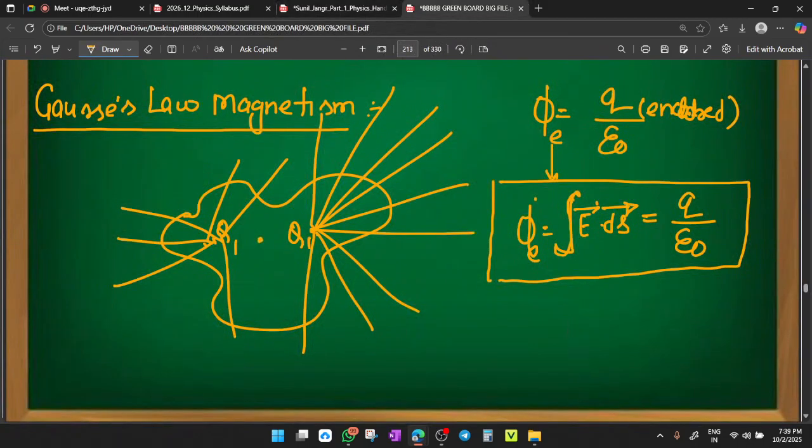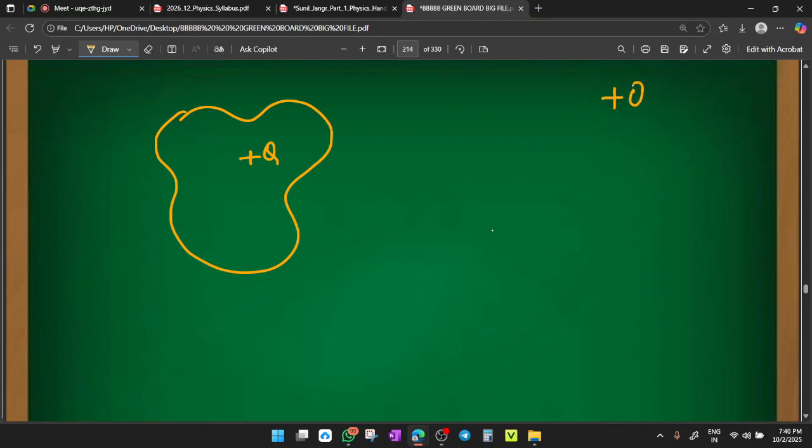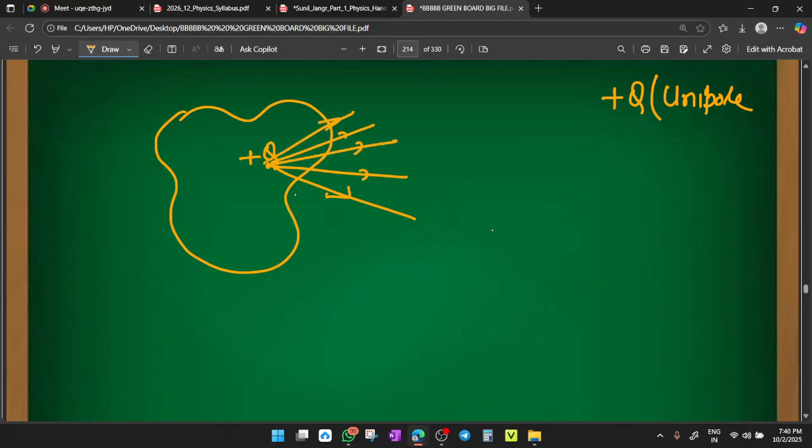Why? The reason is that electric lines of force, like from an isolated charge, a unipole such as plus q, can exist, and a unipole emits electric lines of force. There is no need for those lines of force to come back inside the surface.